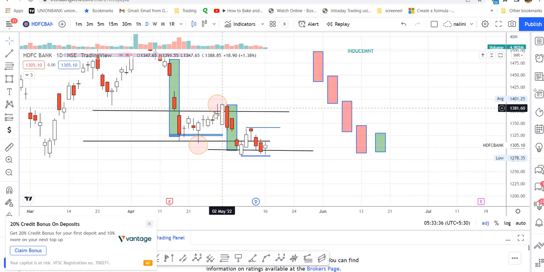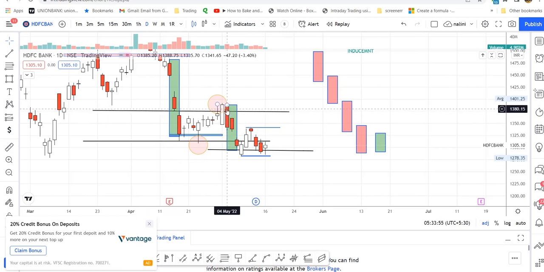So this is also above this range. So manipulation has taken place above this range. Then you can look for the sell from this.